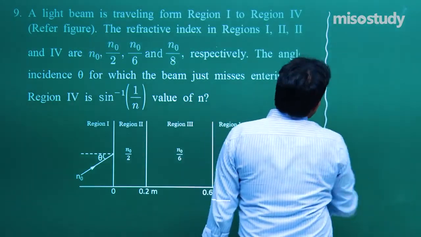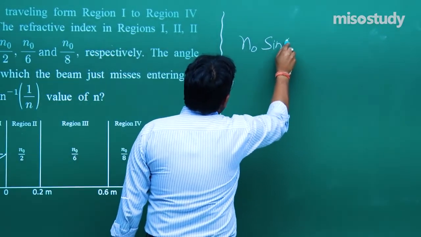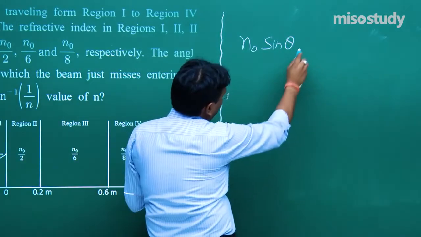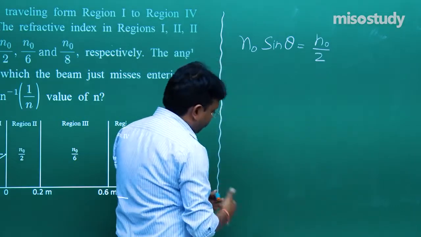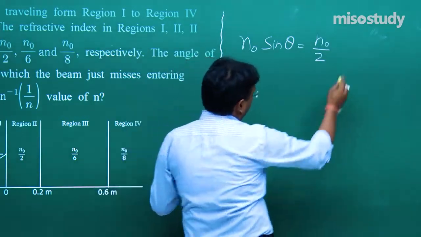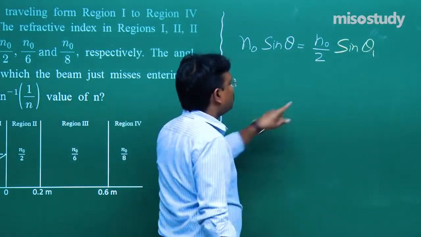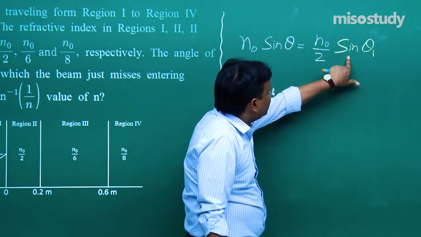Now n naught sin theta is equal to n naught by 2 sin theta 1. Why am I using this yellow color? I hope it is visible to all of you, because this theta 1 is different.